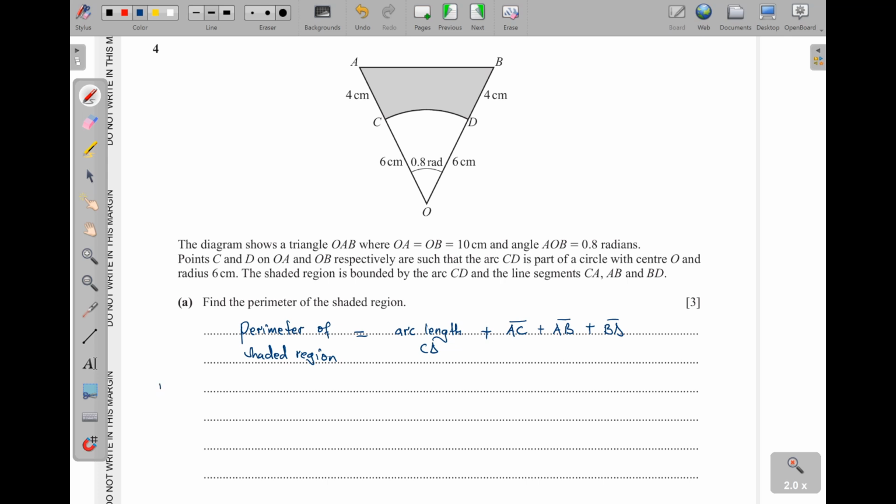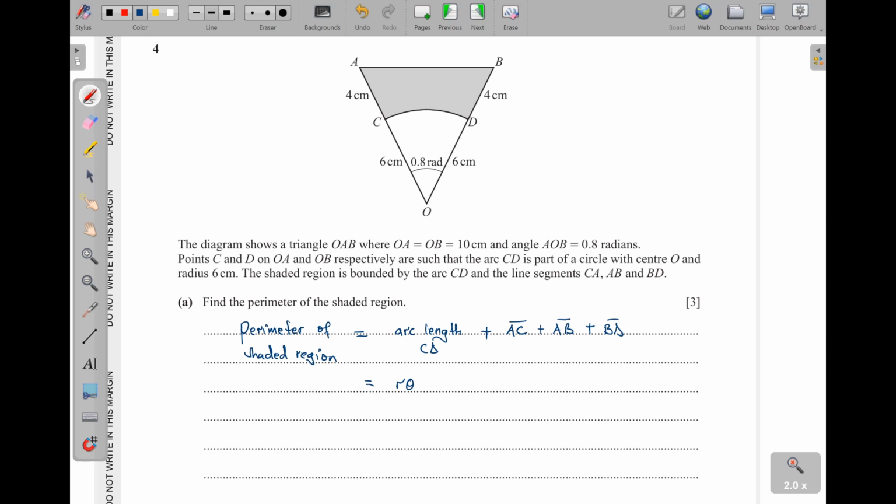So arc length, we know it is r theta. Now when you come to this topic of circular measure, you turn your calculator to radians straight away, because if you are using the arc length as r theta, then you are supposed to use radians.